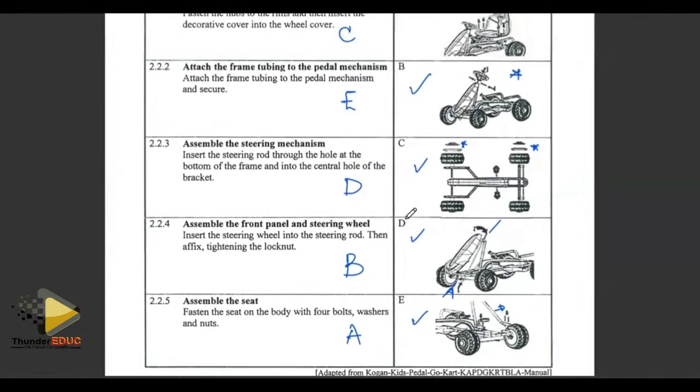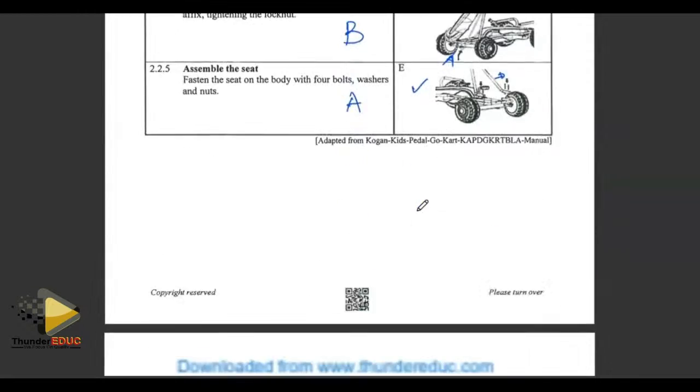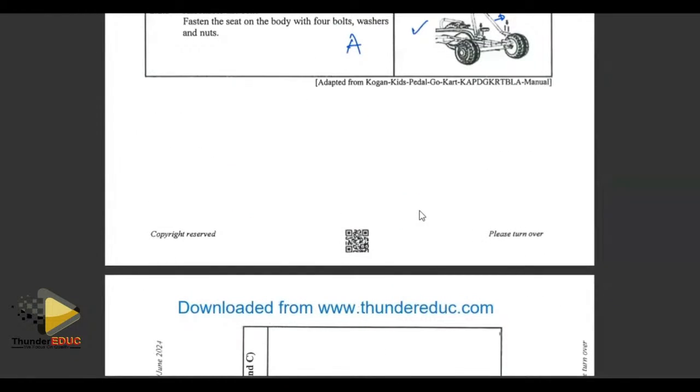In short form, they wanted you only to write the number, which was 2.2.1, 2.2.2. This is what you do in your exam answer book. And lastly, 2.2.5, but they want letters to be here.